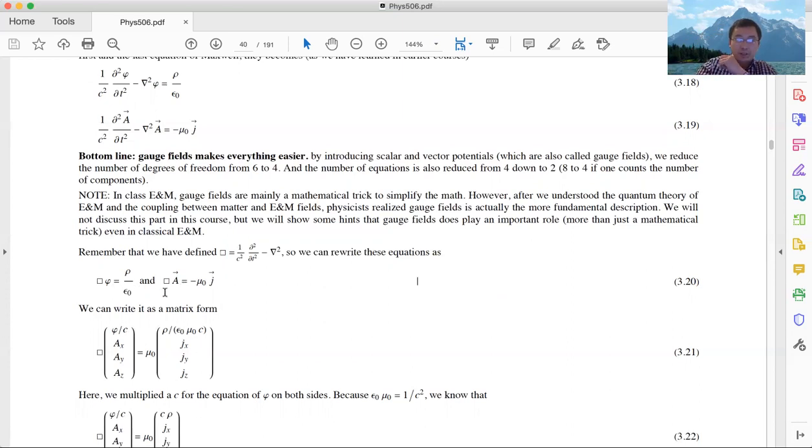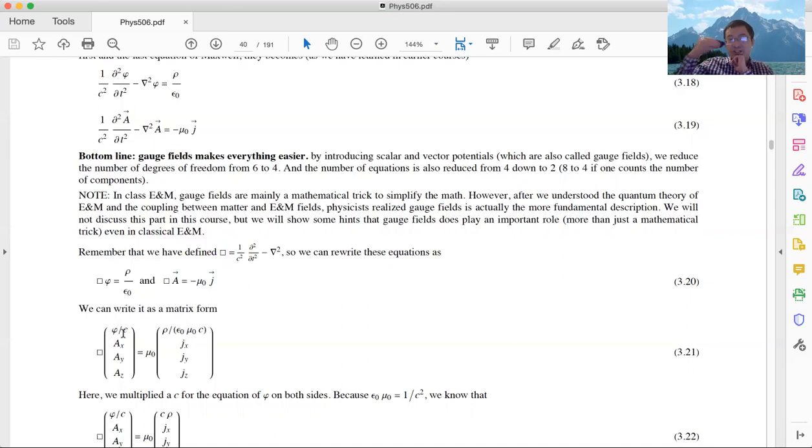When we combine these two sets of equations into these 4-component equations, we made a small trick. For the first equation, I divided both sides by the speed of light c. There are two nice things about this additional factor 1 over c.